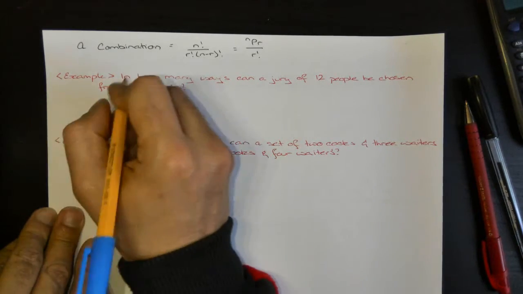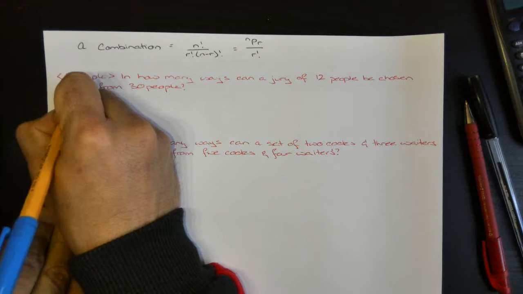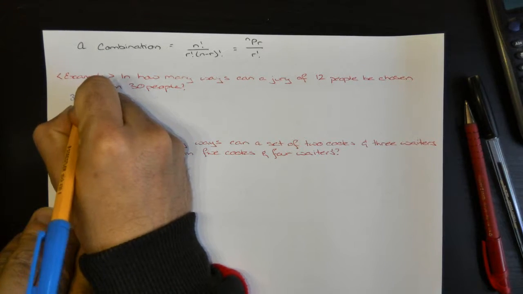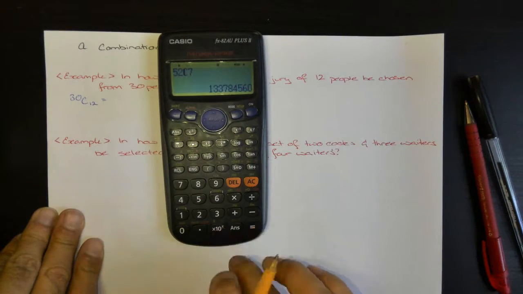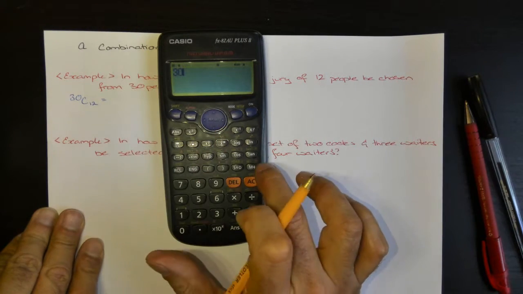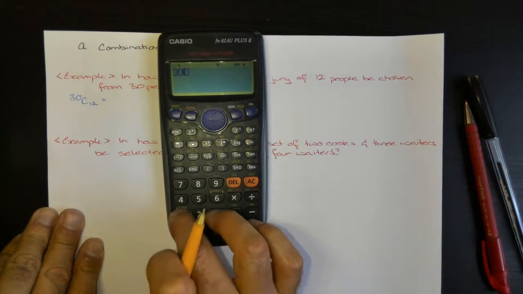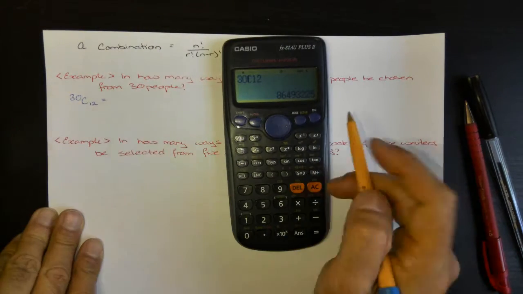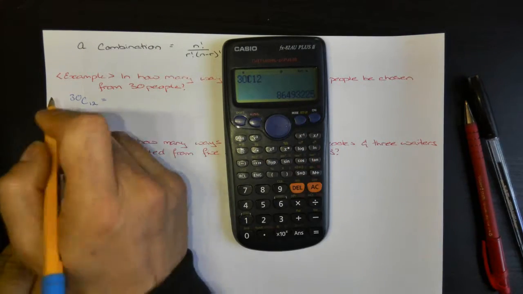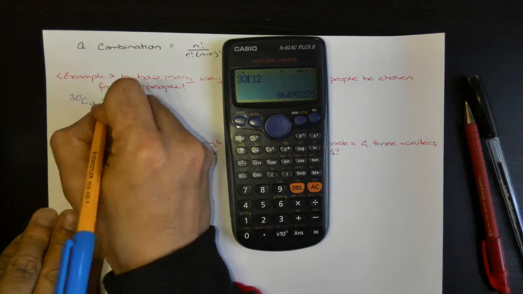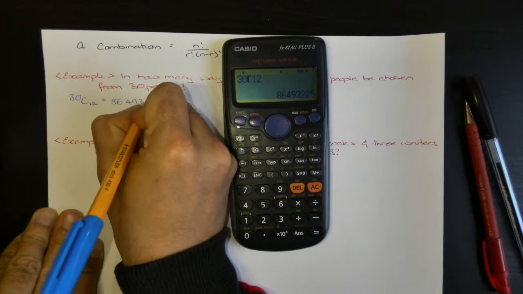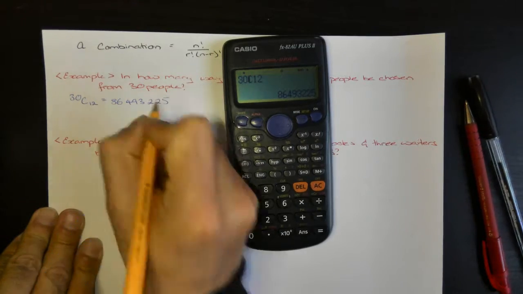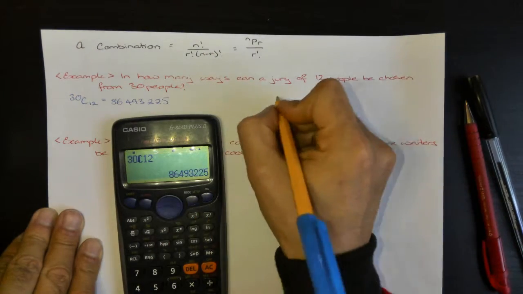If we use the combination, we've got 30 people, and we want to choose a group of 12. So 30 choose 12, we get 86,493,225.